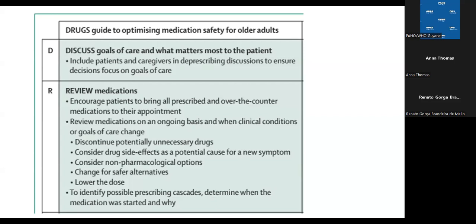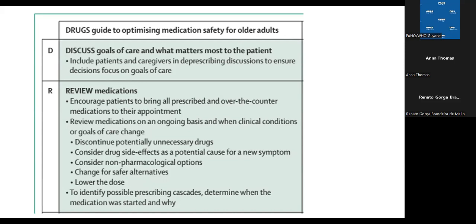Identify possible prescribing cascades. Determine when the medication was started and why. A medication in a patient's prescription should have a proper indication pointed in the list of problems.